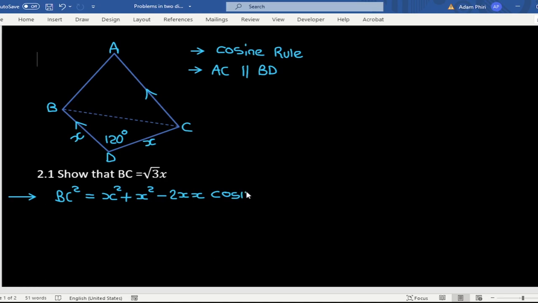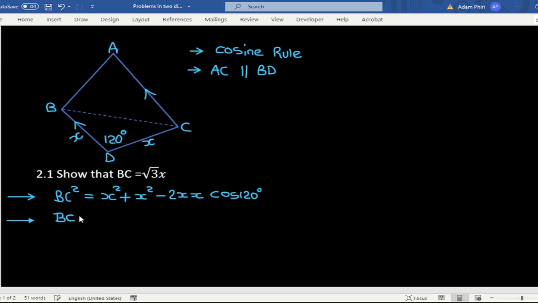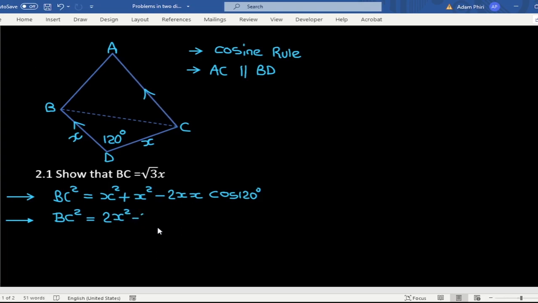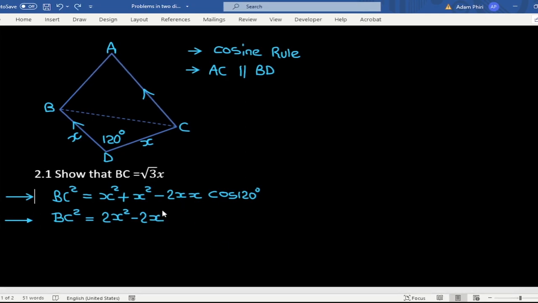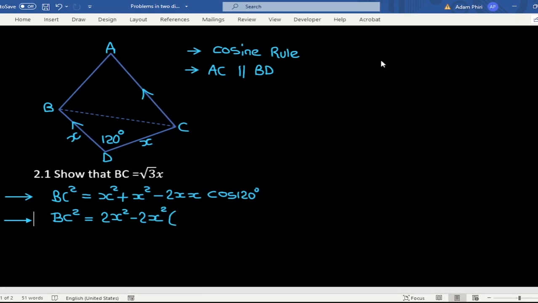cos 120 degrees. Then from there we have BC squared, which is 2x squared minus 2, we have x times x, so that is going to be x squared, and then we have cos, that is going to be in brackets.